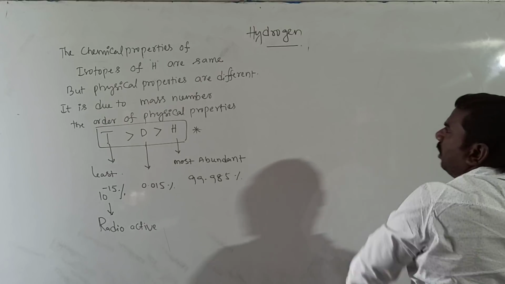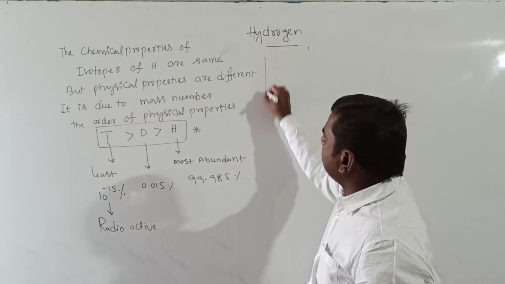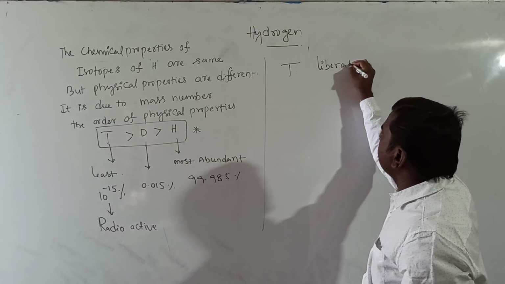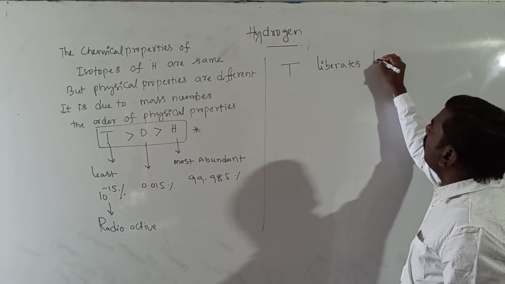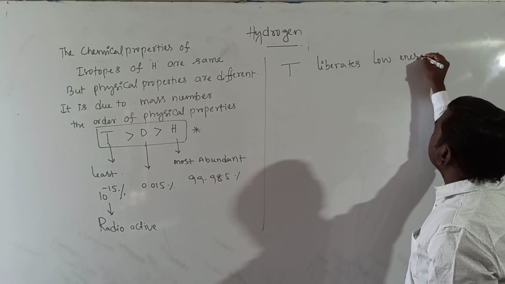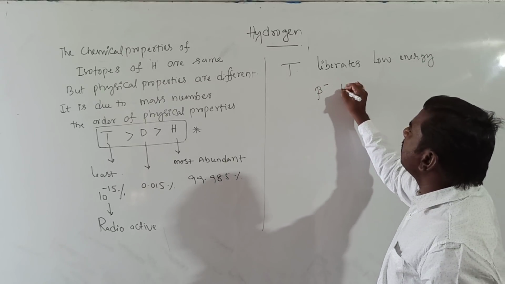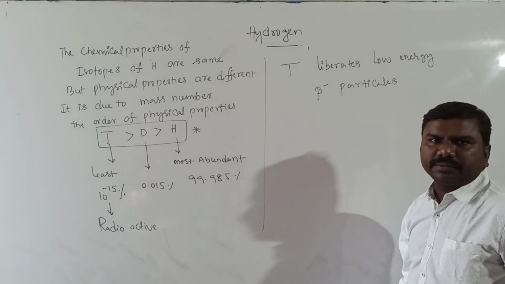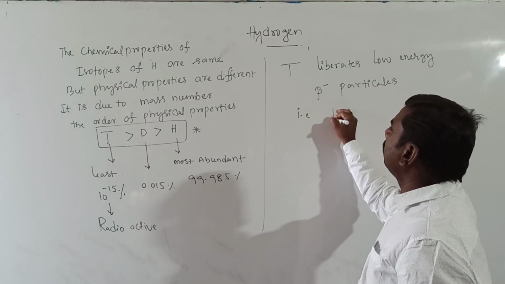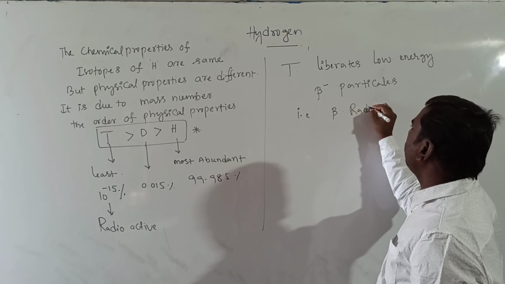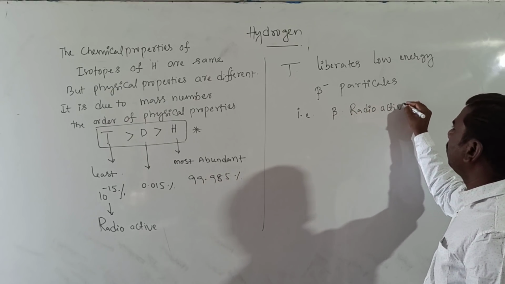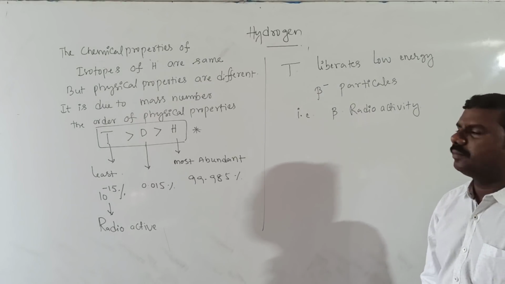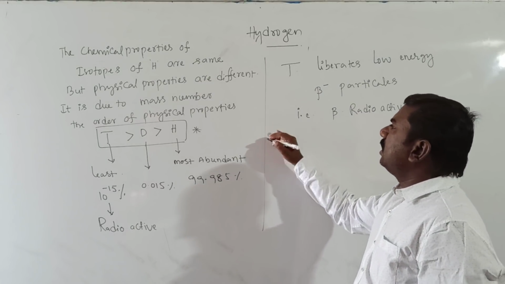Tritium on radioactivity liberates low energy beta minus particles. That's why it is called beta radioactivity, right?